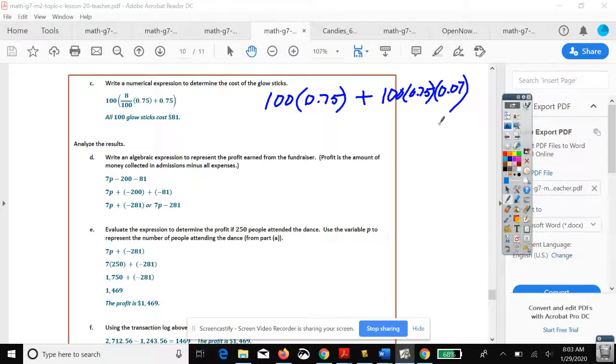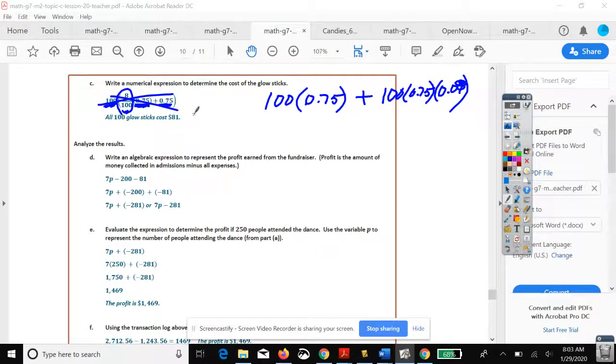So they did it a little bit different. It was 8 cents tax. They had this. This is the 8 cents tax. They had 100 glow sticks. So 8% tax times 75 cents plus 75 cents times 100.